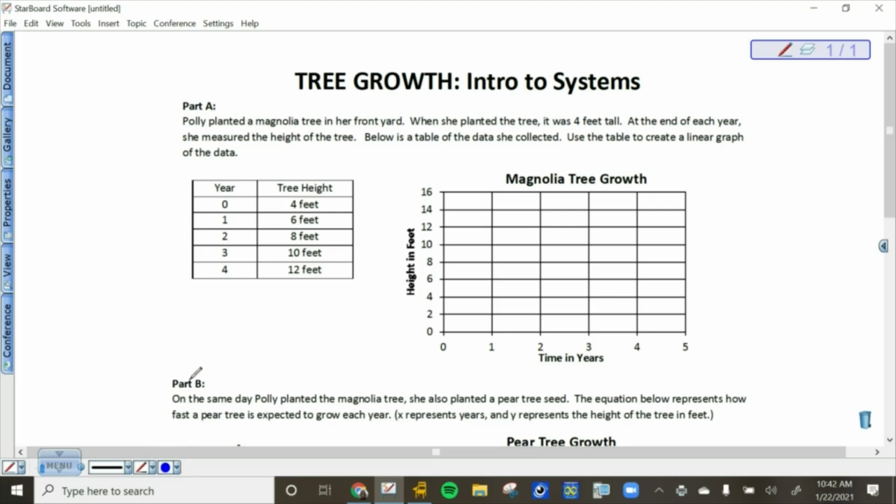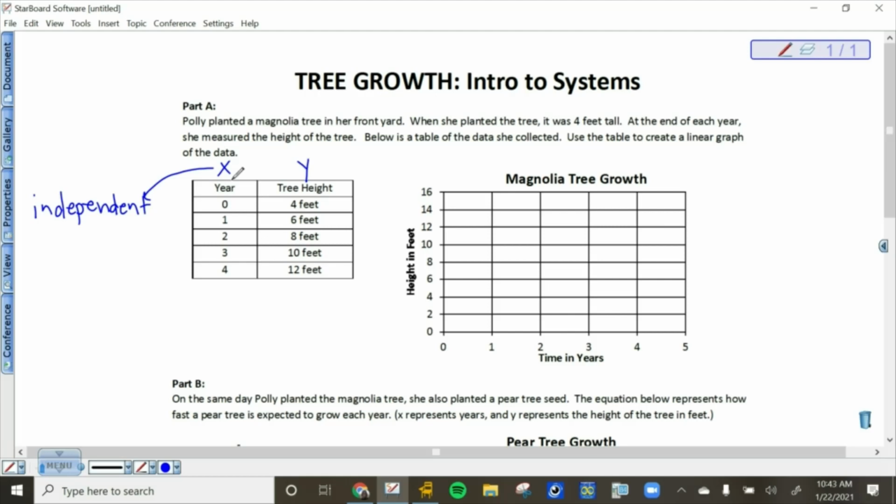One more time. Year is our x coordinate. Tree height is our y coordinate. X coordinate is independent variable. Remember, if we see time, like year, month, days, hours, seconds, that is 99.9% of the time going to be our independent variable.